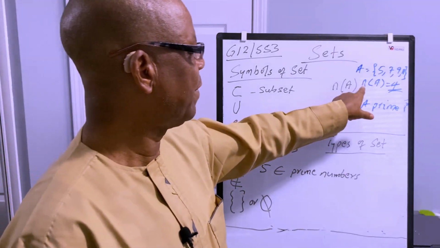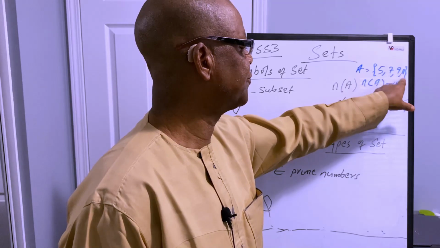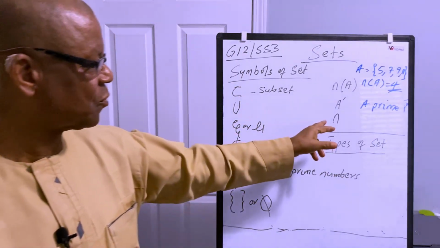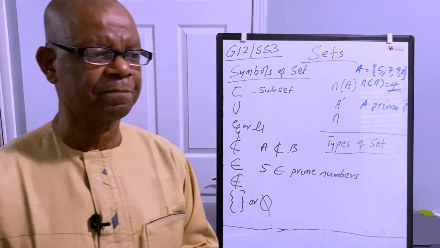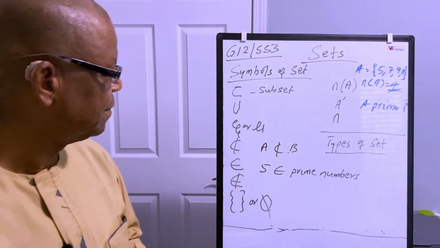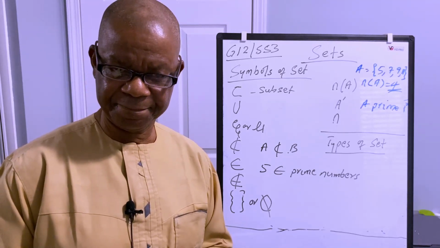The number of elements in this set A we find to be 1, 2, 3, 4, which is 4. So that is what this stands for. Just count the elements in that very set, and whatever you get is the n of that very set. That is for the symbols of sets.